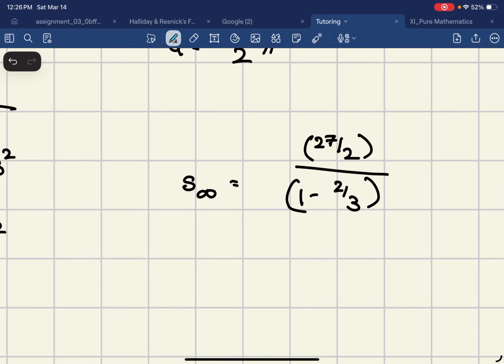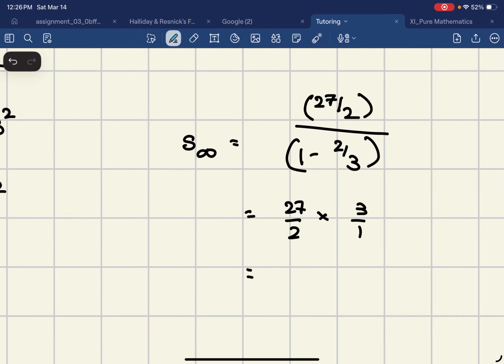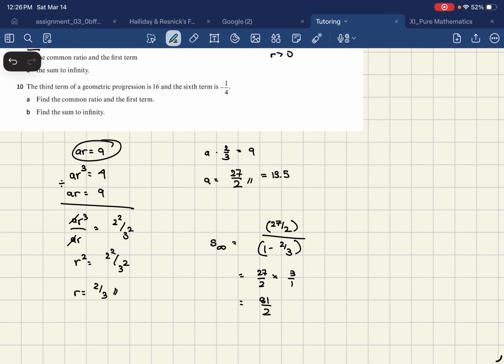And if you simplify this, that is just 27 by 2 times 3 over 1. So 54... that is 81 over 2, I think. 40.5, yes. So this is your answer.